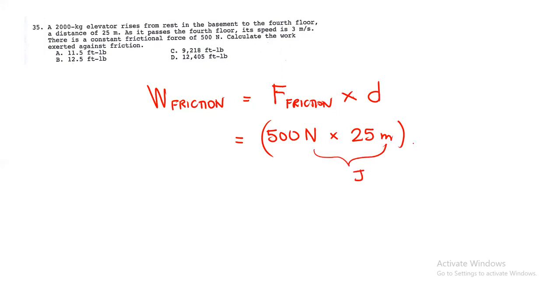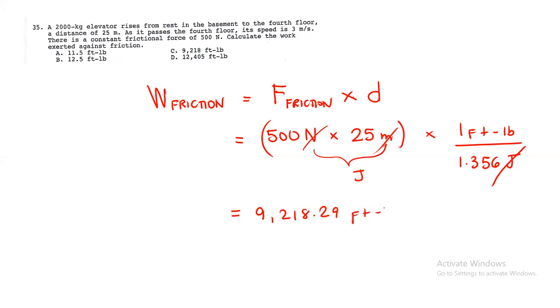Joules na yan. So times 1 foot-pound per 1.356 joules. So makakancel na yung joules dyan. So lalabas dito, sagot dito is 9218.29 foot-pounds.